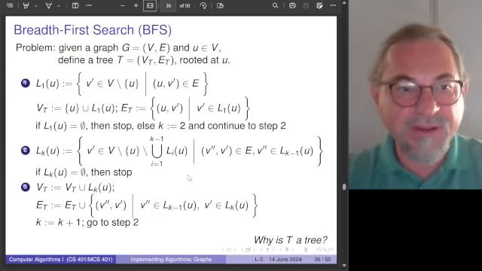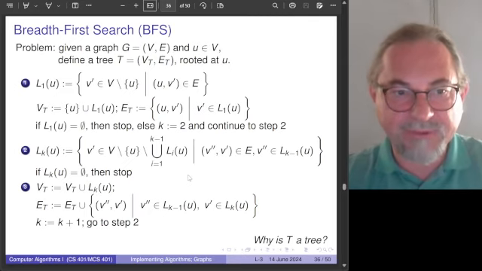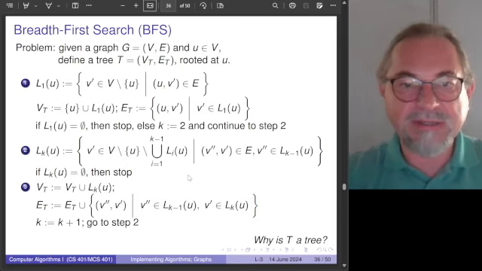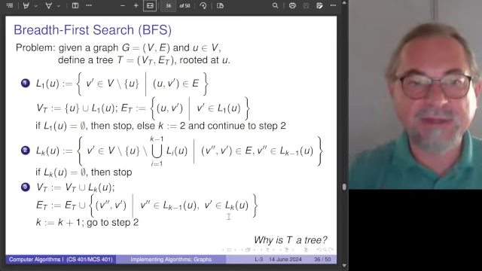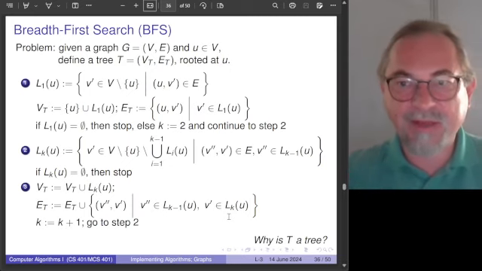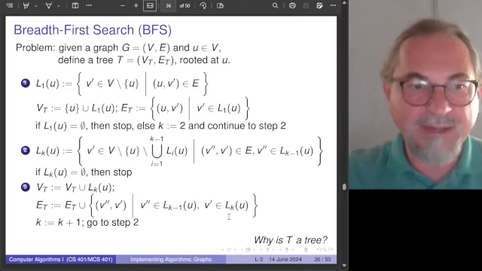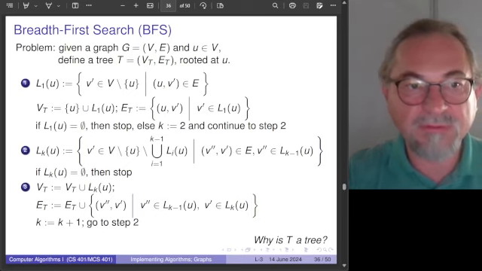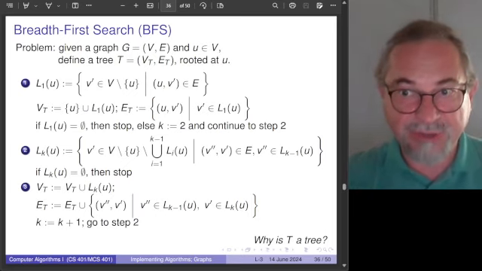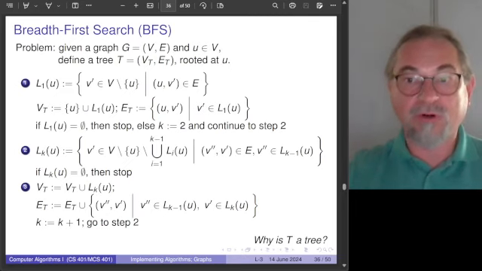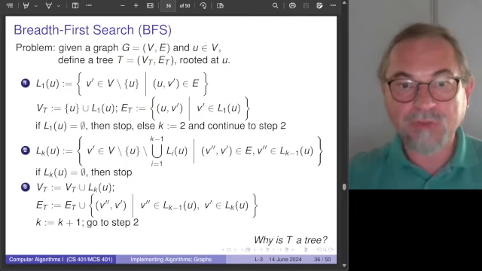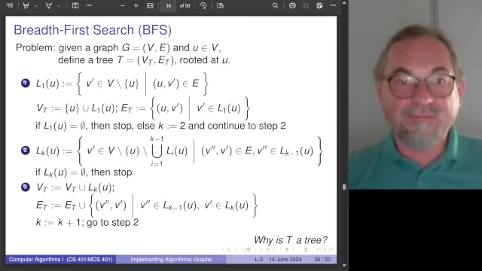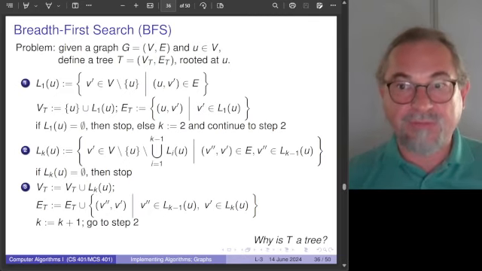So observe in step 3, when we update the vertex set and when we update the edge set, what is common is the layer K. So we add as many edges as we have V primes from the kth layer, and the kth layer gets added. So we have only one time, only at the initialization, where we add one more vertex, and that's the root. So we have exactly n minus 1 edges, where n is the number of nodes.